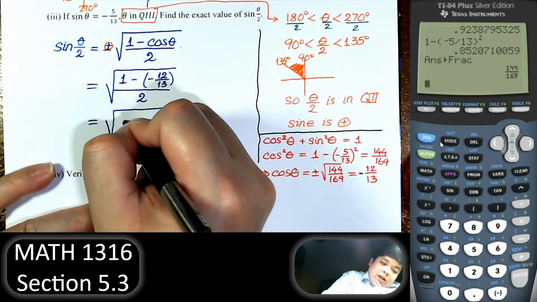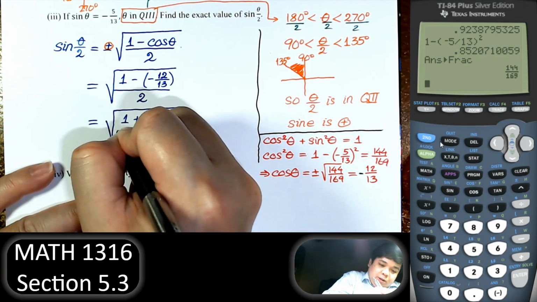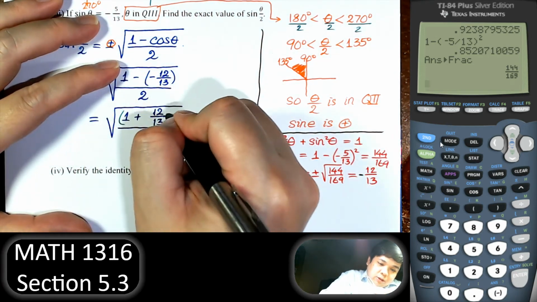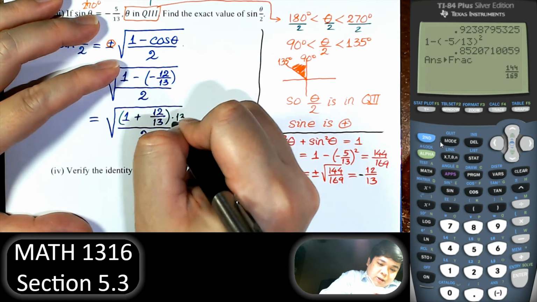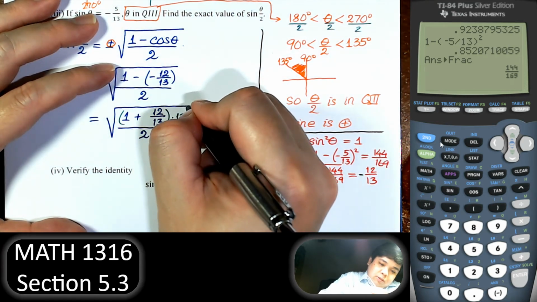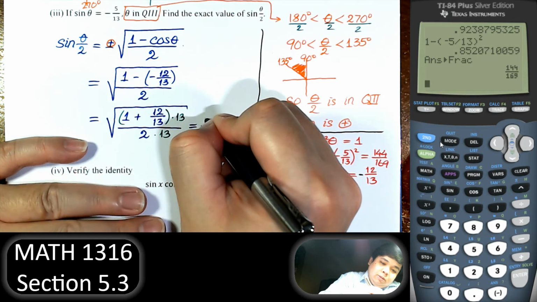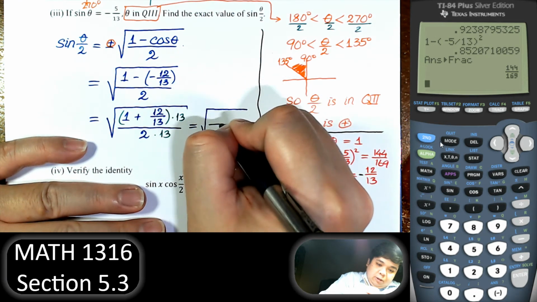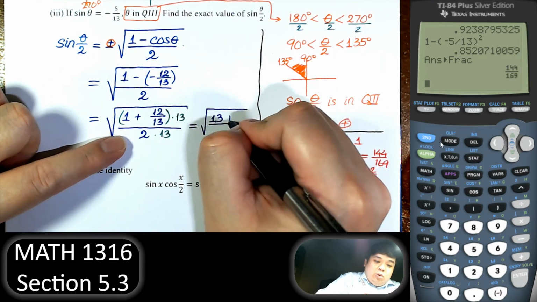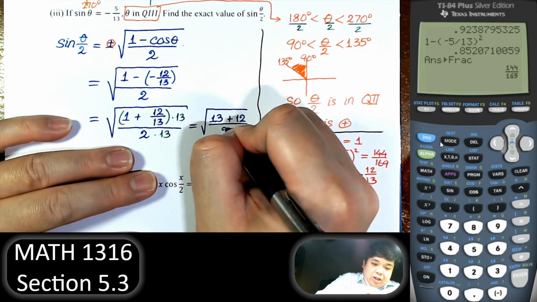And to simplify this, negative, negative, that's plus. 13 cancel, we have 12, and over 2 times 13, 26.